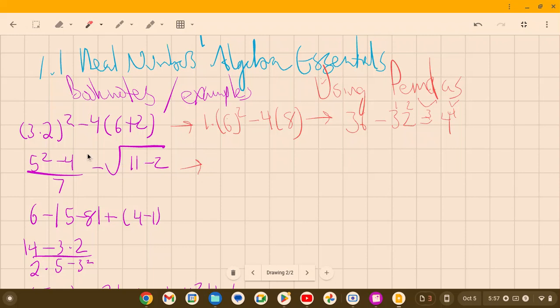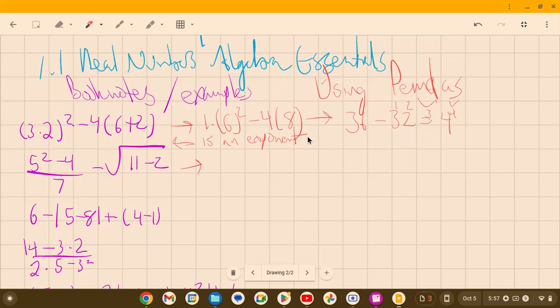So I'm going to break this up into, let's see. So this is an exponent. So the radical is an exponent.